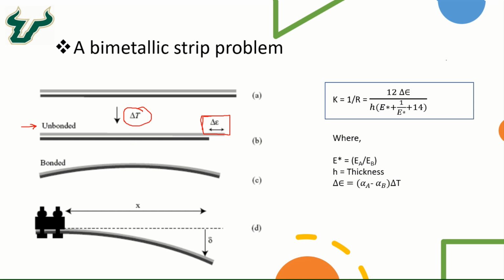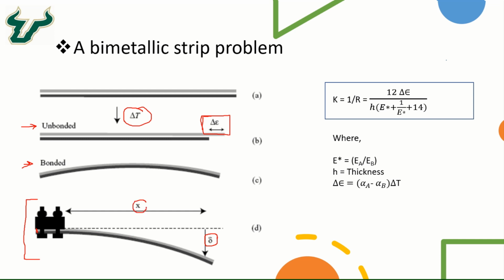But what if you bond them with one another? Then because of this bonding there will be an uneven expansion, and since the surfaces need to stay in contact with one another, one metal will expand more than the other, and so the strip is going to deflect in the amount of delta. In the experimental setup, as you can see here, the bimetallic strip is fixed on one side and the metals are bonded with one another.